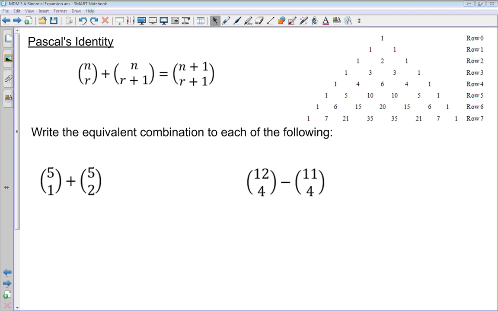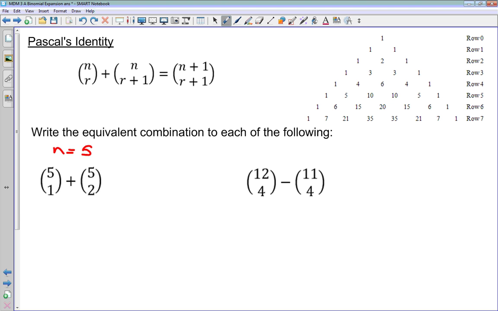The first number in these two combinations is the same, a 5 and a 5. In Pascal's identity, the two numbers that are the same as the first number are on the left-hand side. So right away n is equal to 5.